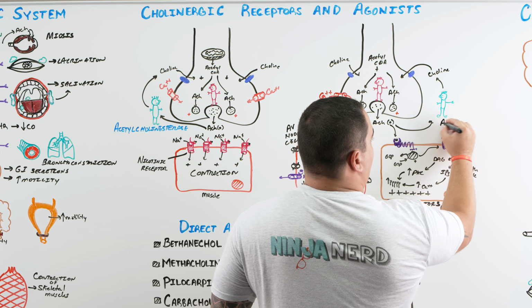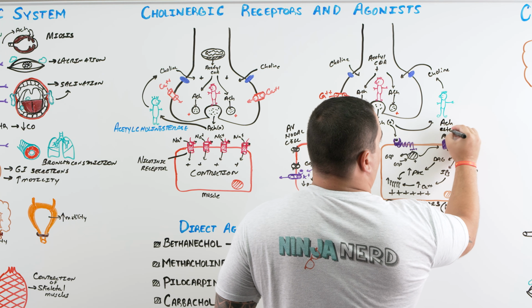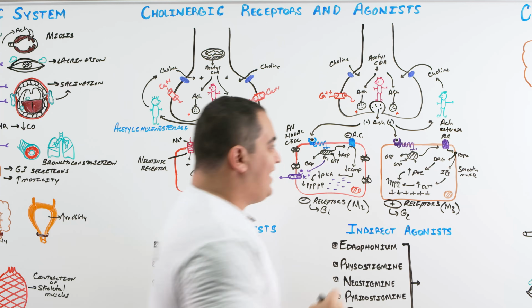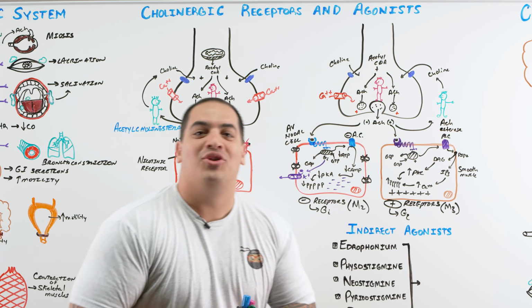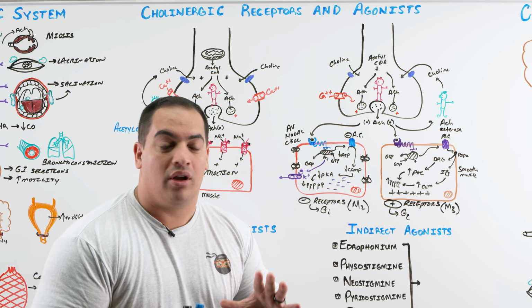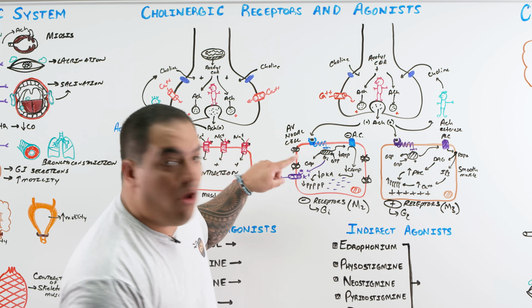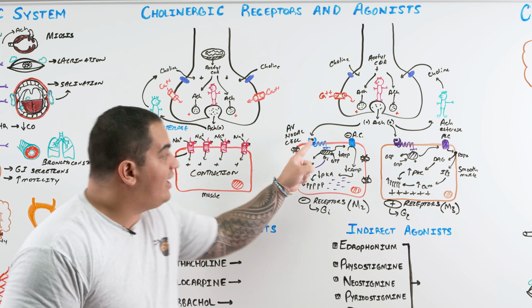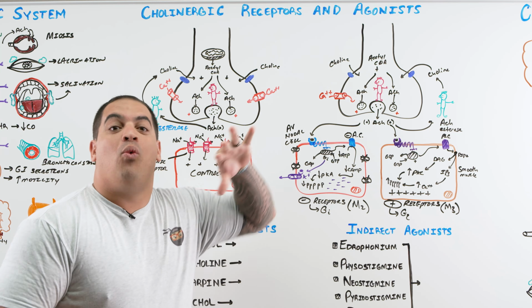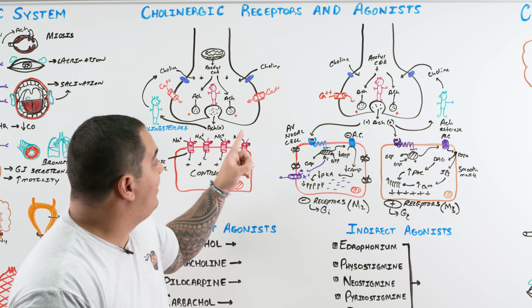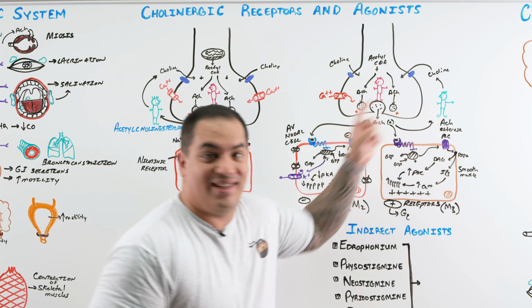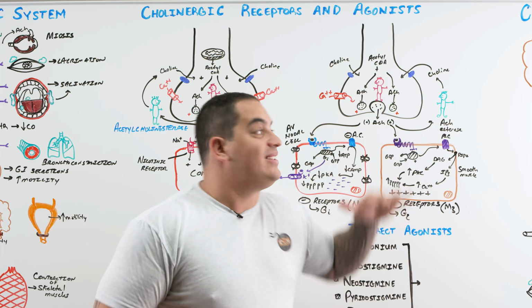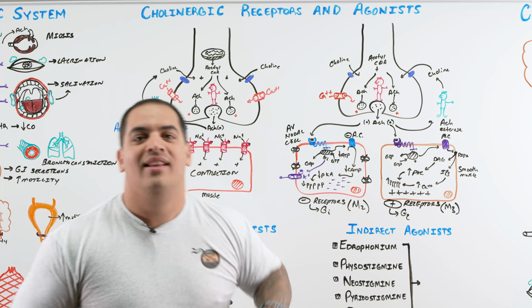That's via acetylcholinesterase. So that leads us to the next point. What are the drugs that I can give to work as direct agonists on either a muscarinic receptor or the nicotinic receptor? And what are the drugs that I can give to inhibit the acetylcholinesterases to increase the acetylcholine and still produce the same type of effect? Let's talk about that now.